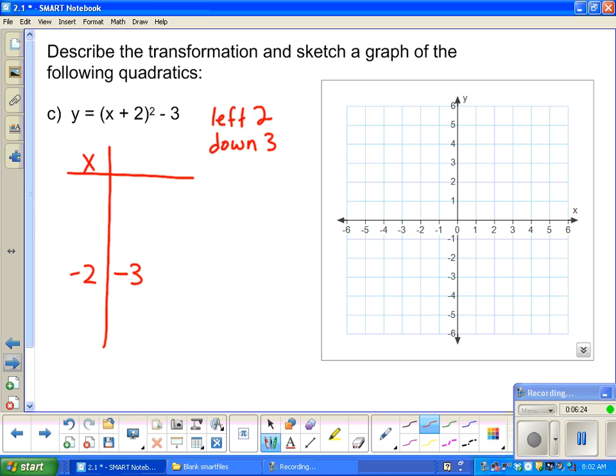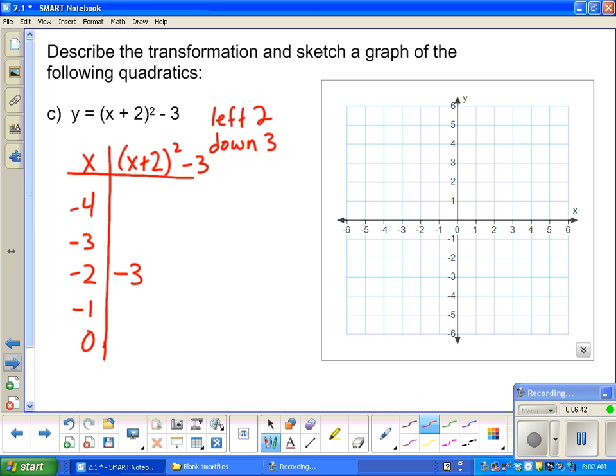Now I'm going to choose points less than and greater than my vertex point, and then I'm going to substitute them in.